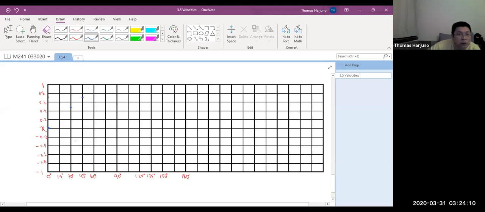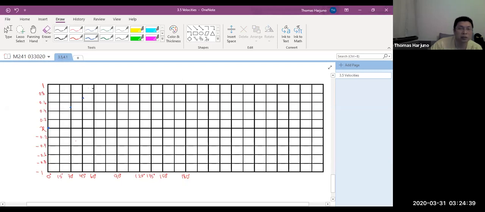If you see, 0.71 is approximately 0.7, between 0.6 and 0.8. So sine 45 degrees is approximately 0.7.